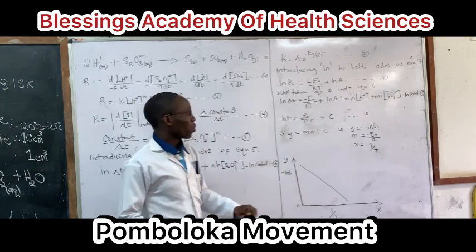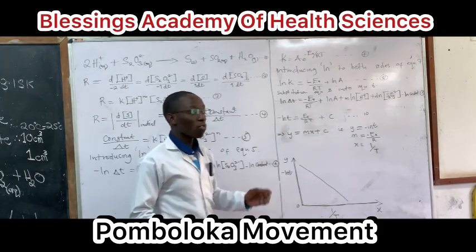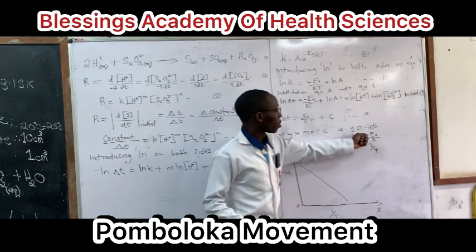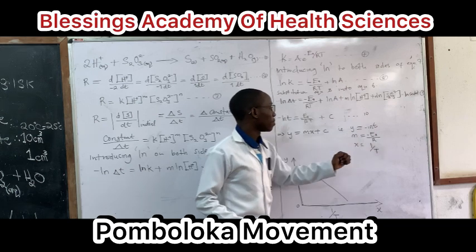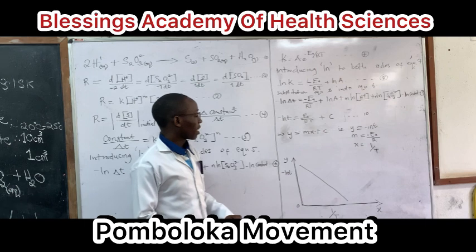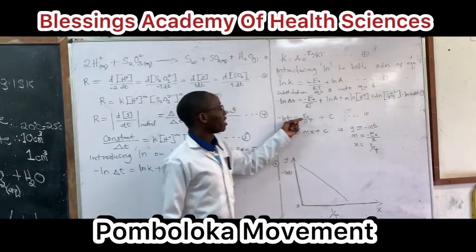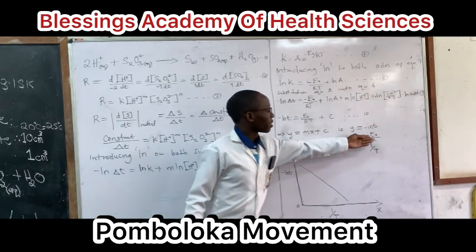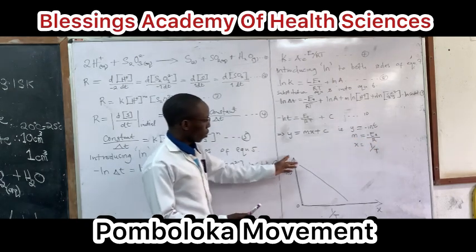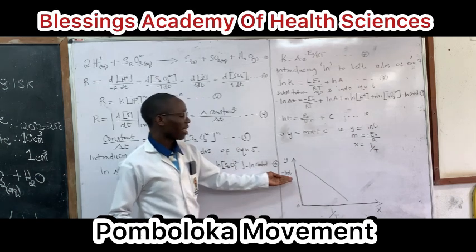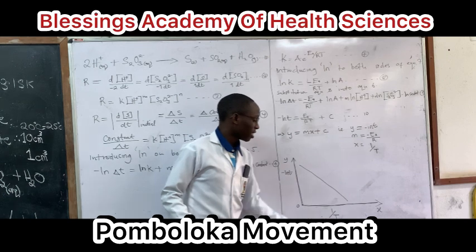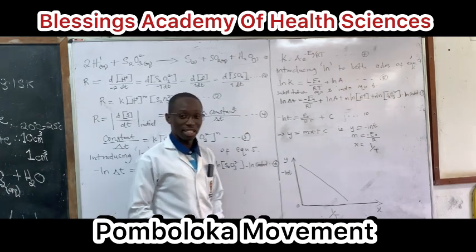That implies once you plot a graph of y against x, which is the negative natural log of our time against the inverse of our temperature, we are able to get a straight line with a slope of negative activation energy over the gas constant. So once you plot, your y-axis will have the negative natural log of time in seconds, and the inverse of temperature on your x-axis.